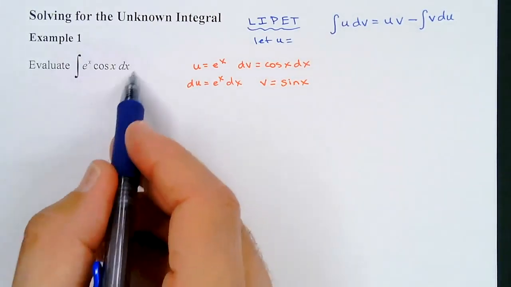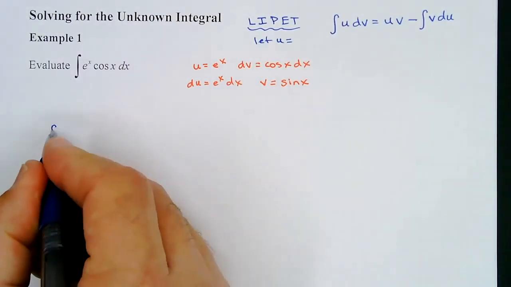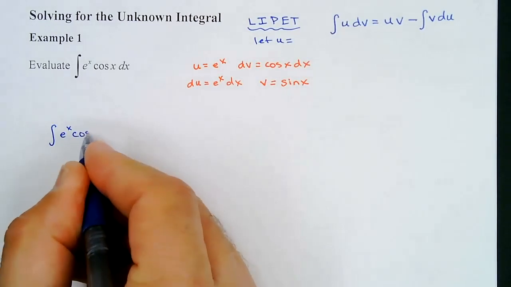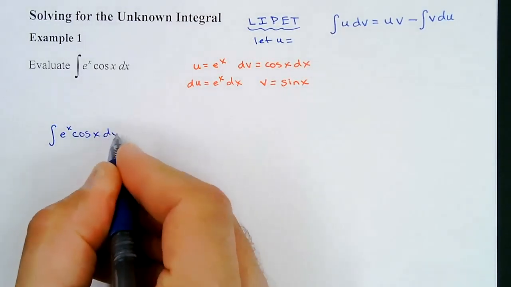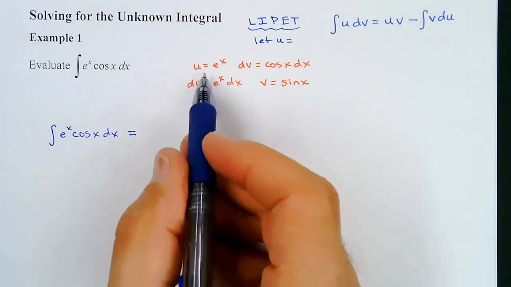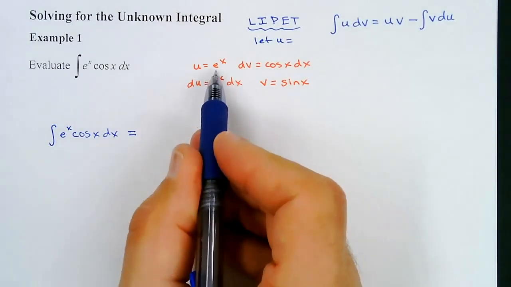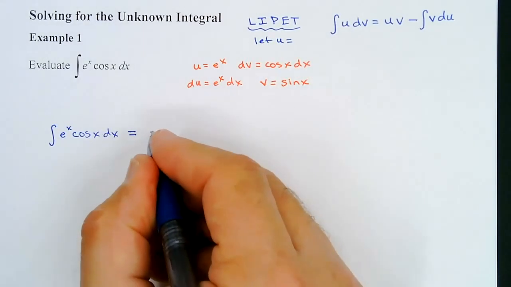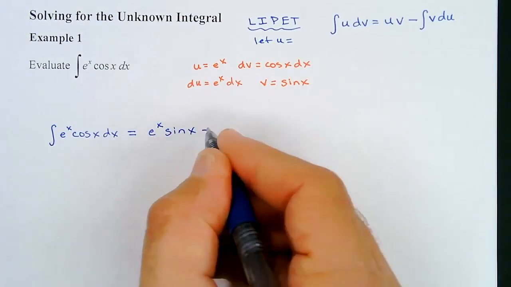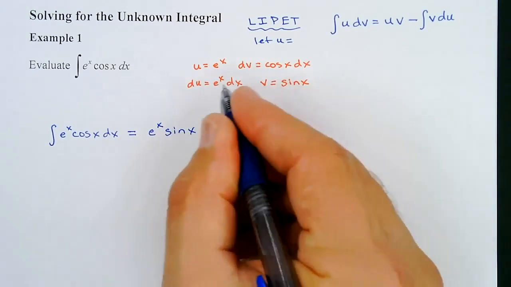So evaluating this, this is telling us that the integral of e to the x cosine of x dx must equal uv, so that'd be e to the x sine x, minus the integral of v du.